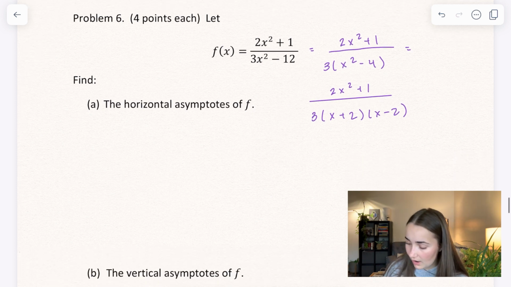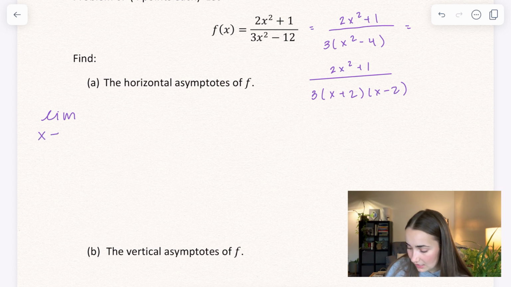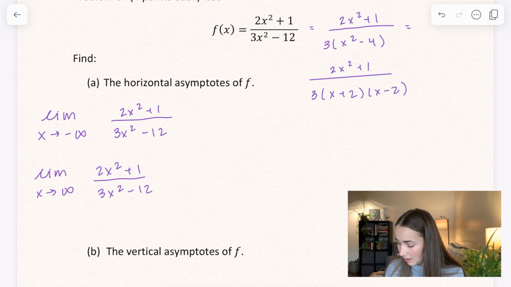So let's go ahead and do part A here. We're going to find the horizontal asymptotes of f. And horizontal asymptotes are found at the end behavior. So when x is approaching negative infinity and when x is approaching positive infinity. And now we're dealing with limits at infinity, just like the previous problem. So we can take the largest term in the numerator and the largest term in the denominator.